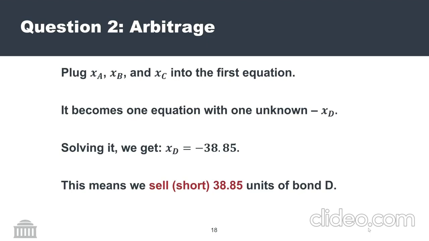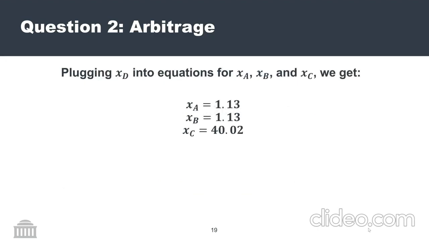Now, since we have XD, we plug this amount of XD that we found into the equations that tie XA with XD, XB with XD, and XC with XD, and we get the following amounts for XA, XB, and XC.